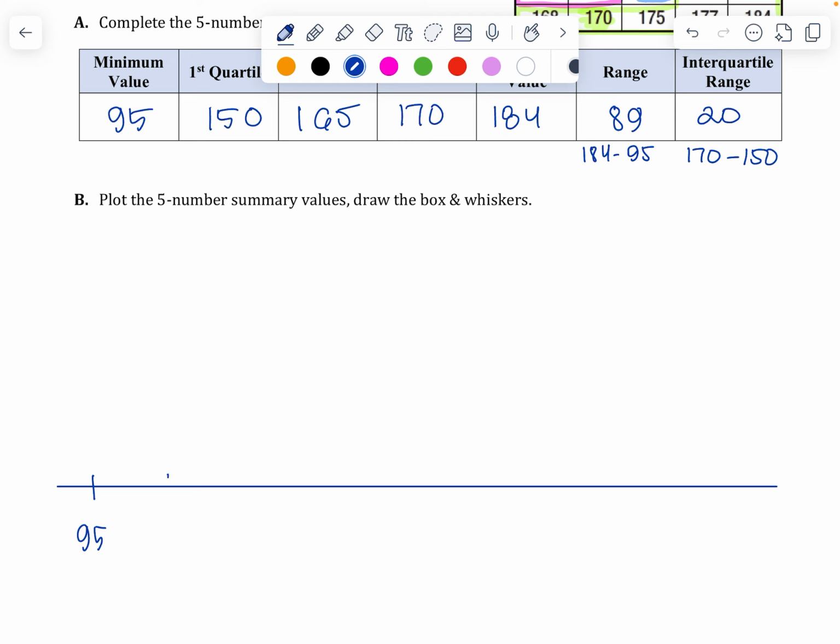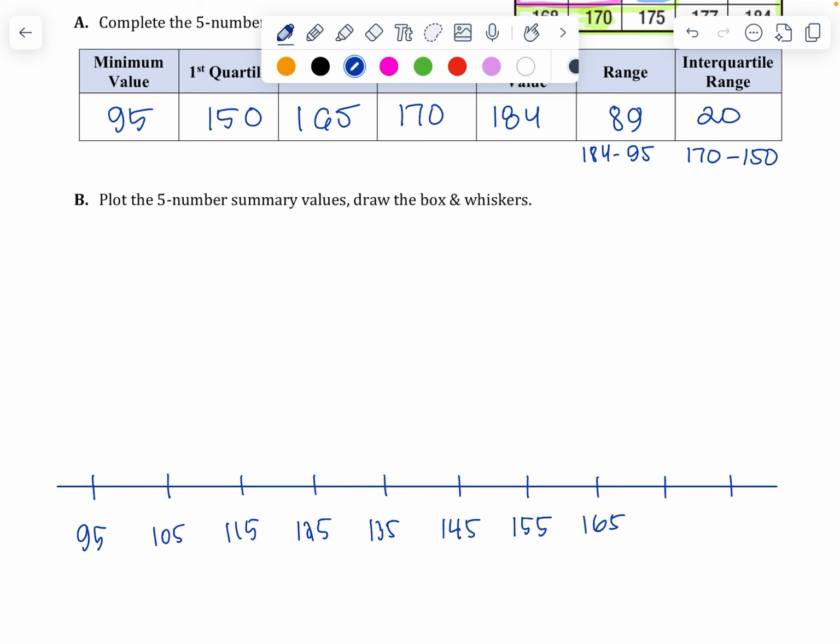So I'll do 105, 115, 125, 135, 145, 155, 165, 175, 185. You do have to label them.